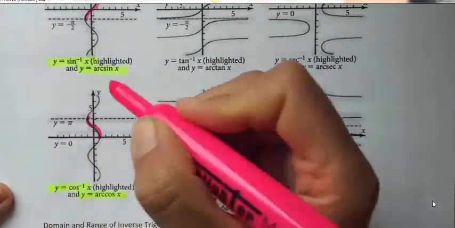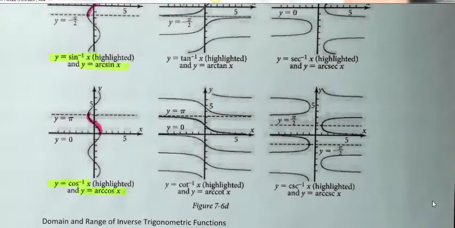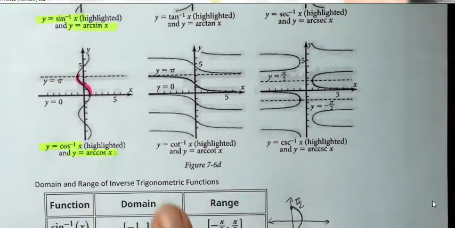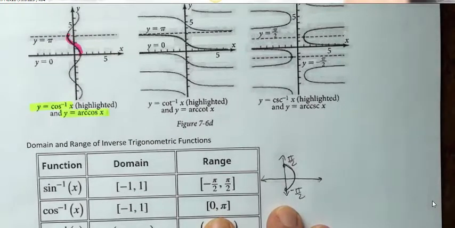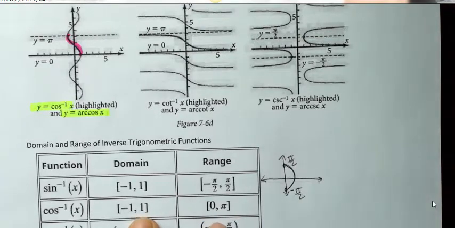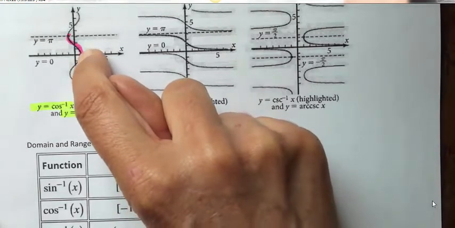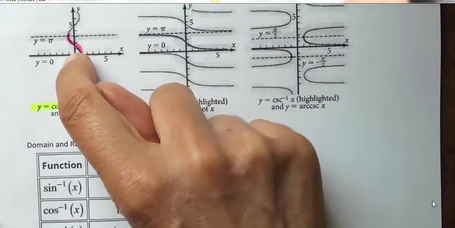I'll go ahead and highlight it. Again, that's your principal branch, okay? So we restrict the range, which is actually the domain in the original function. And then the range of the original function now becomes the domain of our inverse function. So you'll see that this is going to go from +1 on the x-axis to -1 on the x-axis.